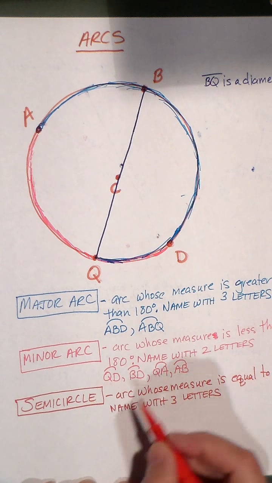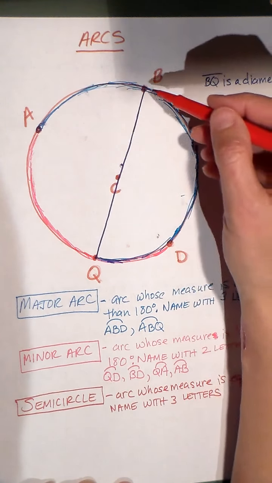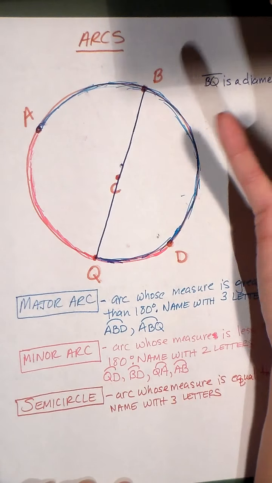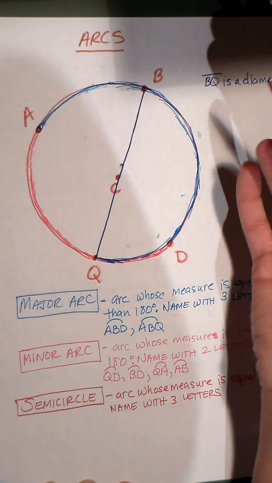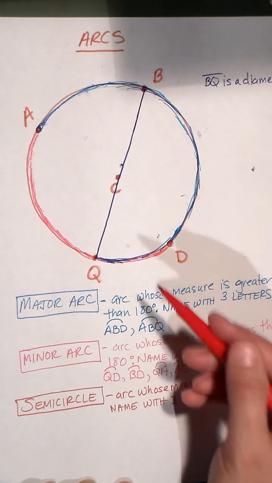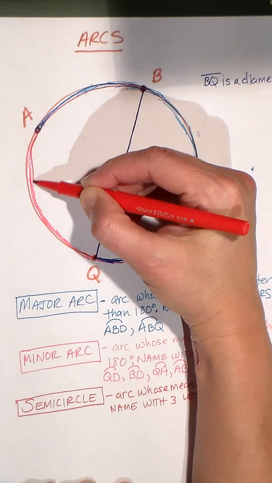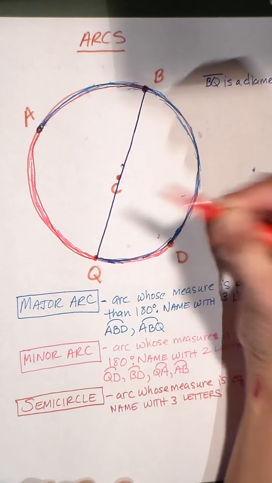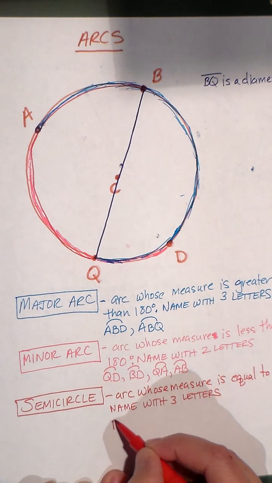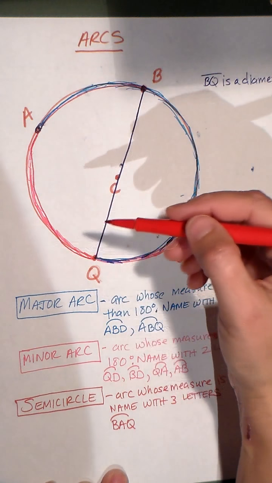If I just say arc BQ, am I talking about this BQ or am I talking about this BQ? You have to establish which half you're talking about. So you actually have to have 3 letters to name it. I'm going to start with this semicircle right here. B, A, Q. So that would be arc BAQ. That's your first semicircle.